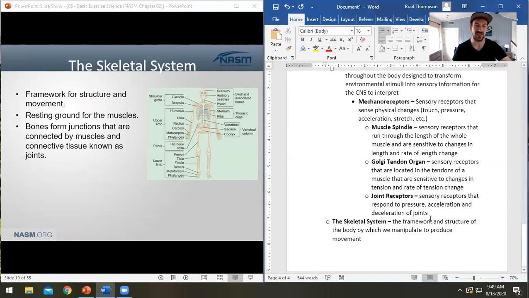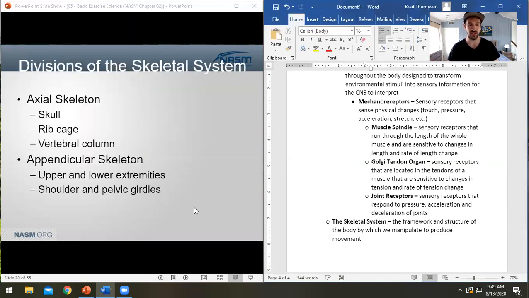It provides a resting ground for our muscles, but also because the skeletal system is comprised of joints, it's how our muscles are able to bend certain segments and create movement. That is going to consist of bones, joints, and connective tissue.